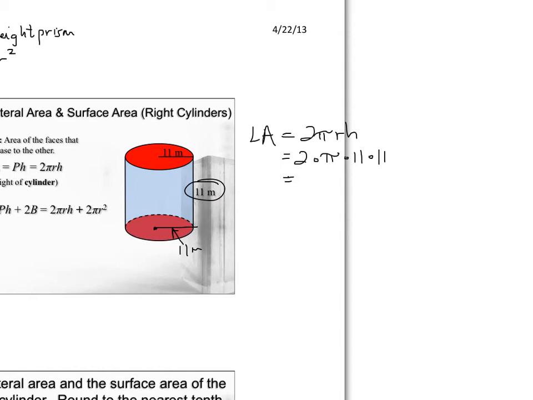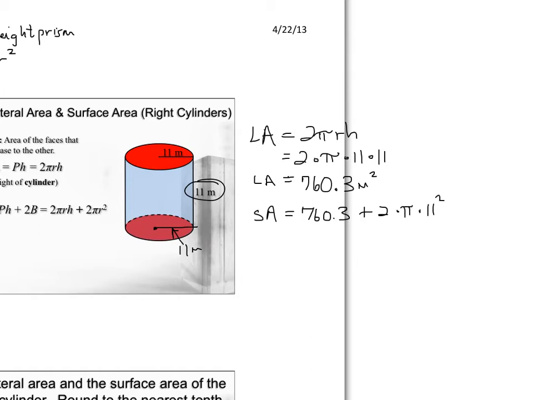So when I calculate this, 2 times pi times 11 times 11, I get 760.3, in this case, meters squared. That is the lateral area. Now the surface area. Surface area is the lateral area, 760.3, plus 2 times the area of the circle, which is pi times 11 squared.